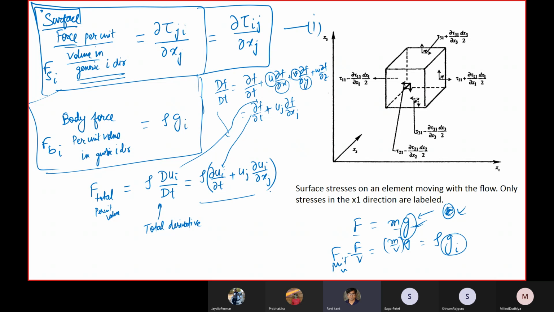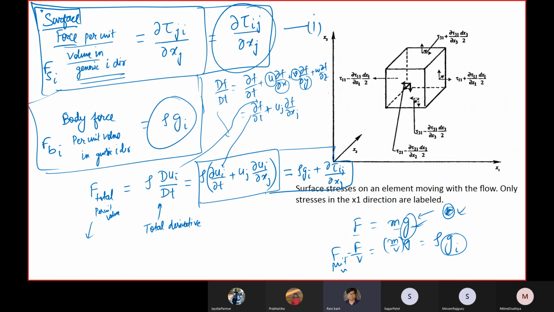This is simple. Now I can relate these two; the total forces will be the sum of these two, right? So I can write that this is nothing but rho gi plus dou tau ij by dou xj, and this is it.